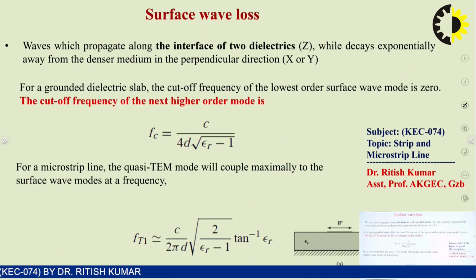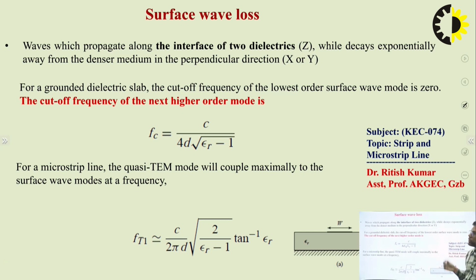So what is surface wave loss? All transmission lines, if I talk about the microstrip line, have some losses such as surface wave loss. Surface wave loss totally depends on the inhomogeneity of the media.